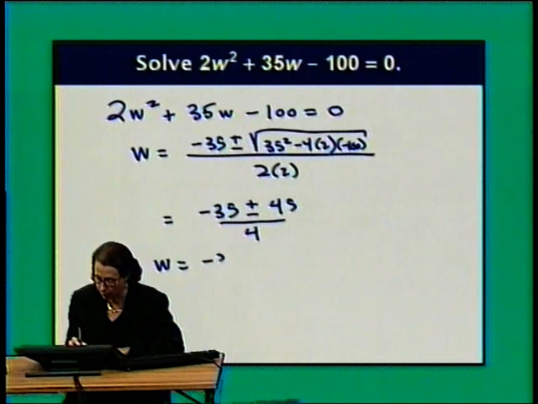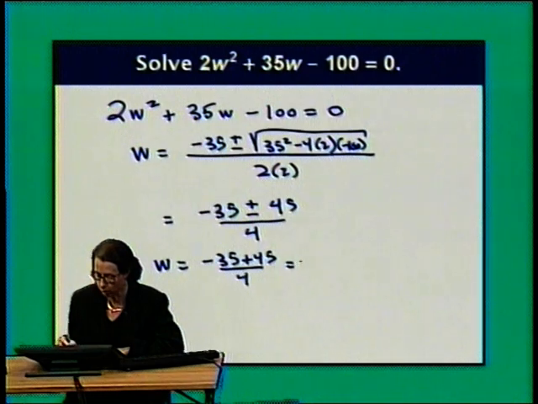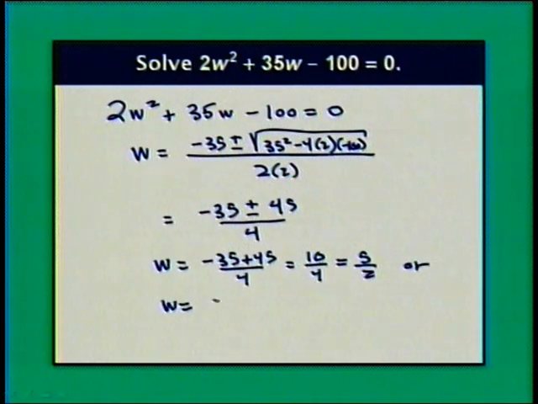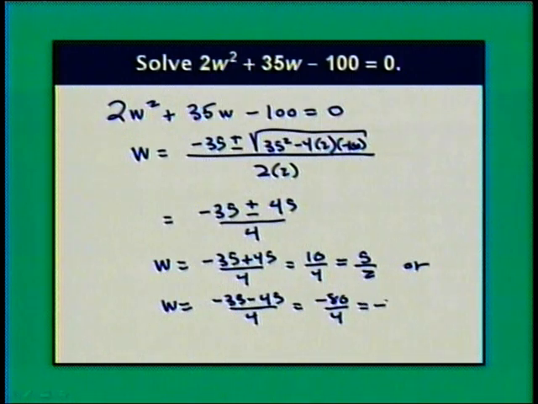W equals negative 35 plus 45 over 4, which is 10 over 4, or 5/2. The other situation is that w equals negative 35 minus 45 over 4, which is negative 80 over 4, or negative 20. So I have two values for w to check.